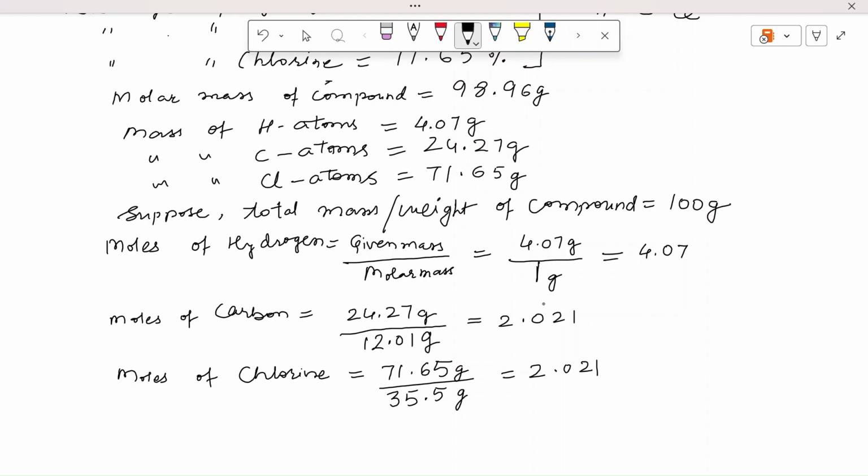Now we are going to convert these mole values into the smallest whole number ratios.